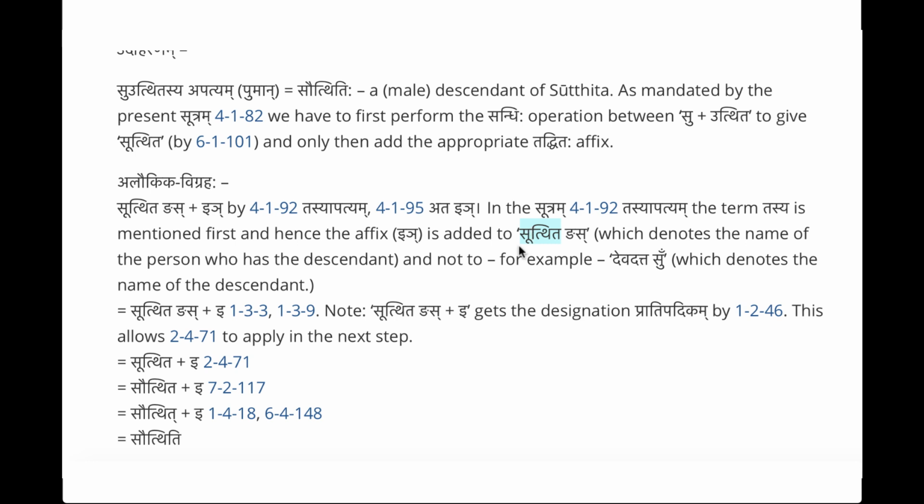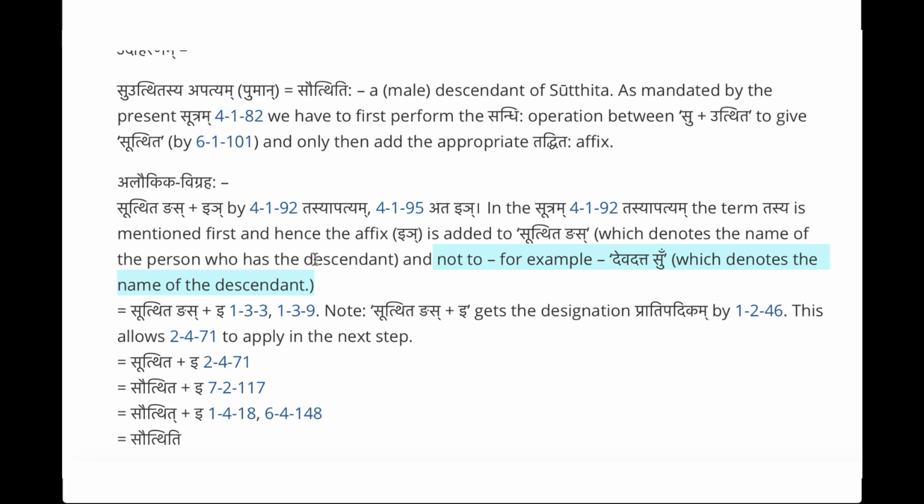We add the affix to that which is denoted by the term mentioned first in the sutram, which prescribes the affix. The affix is prescribed by the sutram Ata Iny, which is in the adhikara of Tasyapatyam, and in that sutram Tasyapatyam, the term Tasya is mentioned first, not Apatyam. So the term which denotes the one whose descendant it is, in this case the term Suthita plus Nyas, takes the affix Iny. If the descendant is named Devadatta, we don't add the affix to Devadatta Su, because Apatyam is not mentioned first in the sutram Tasyapatyam.